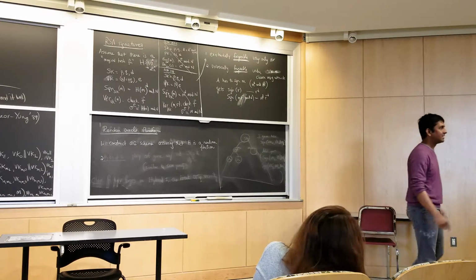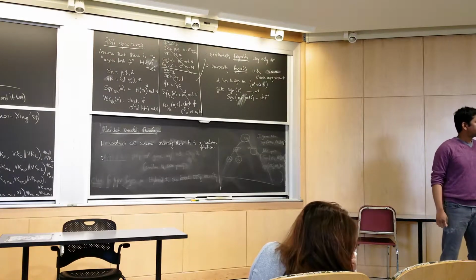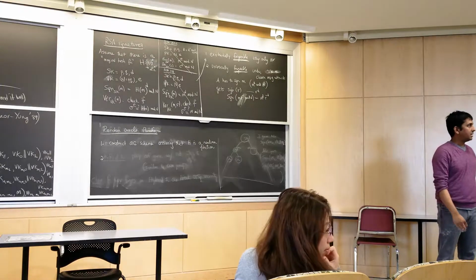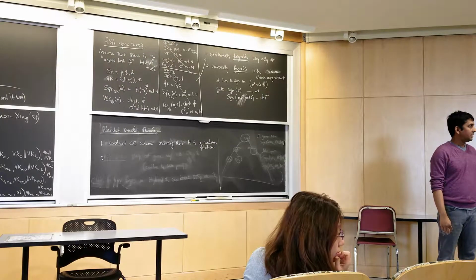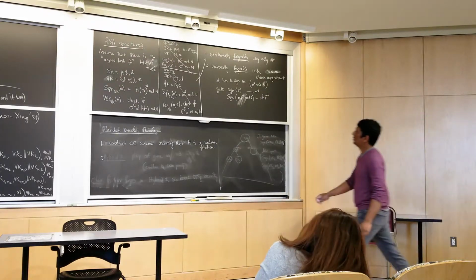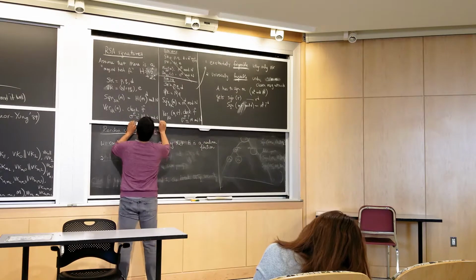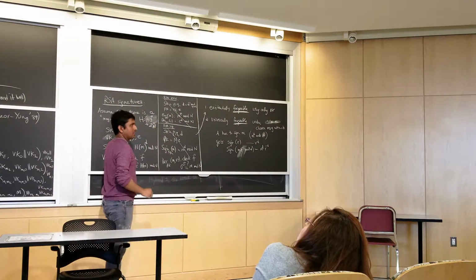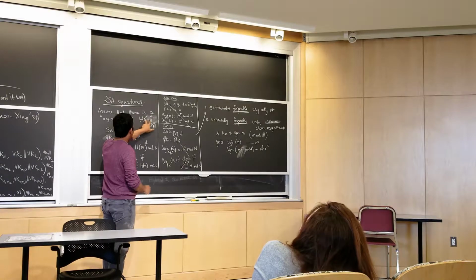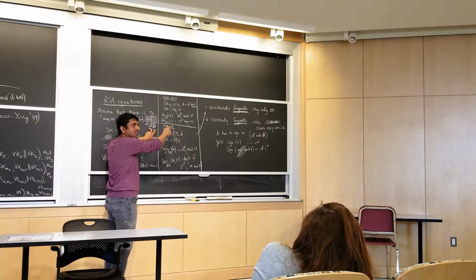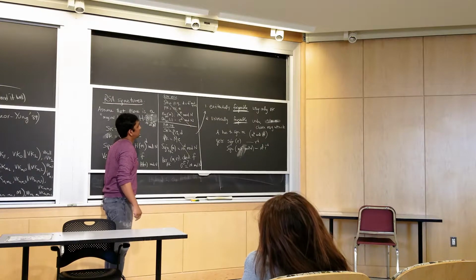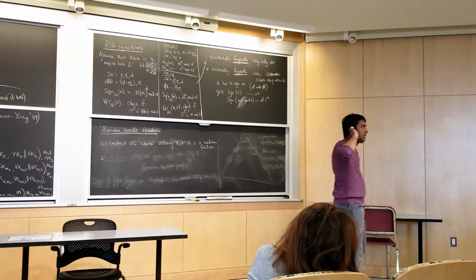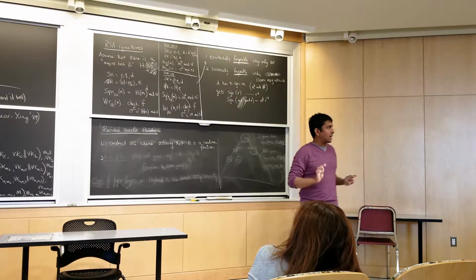Just to be clear about what the hash function is, it goes from 0,1 to the k into Z_N star. Capital N star, because I want the message to hash to something in the range of the RSA function. And k is the length of the message. Correct.